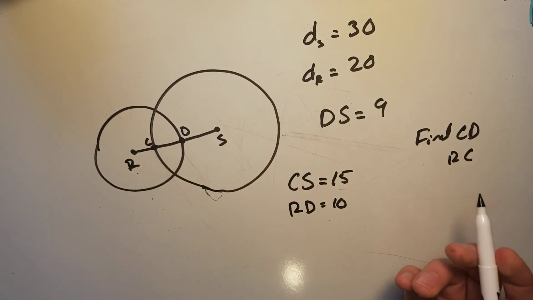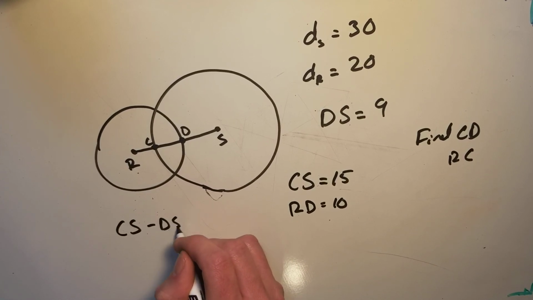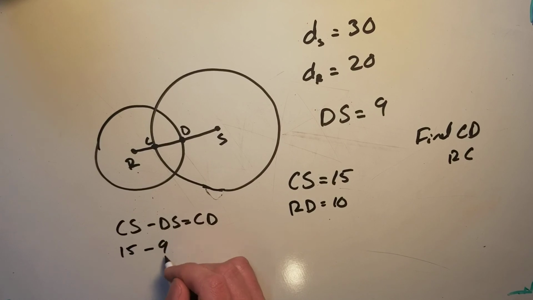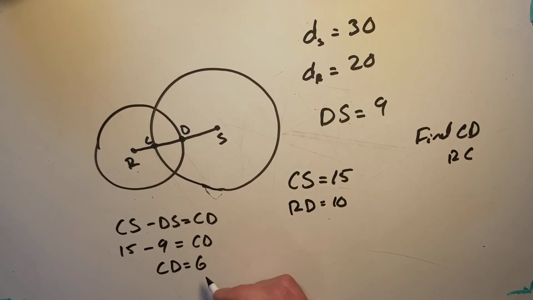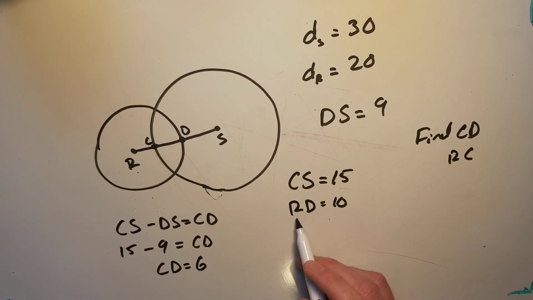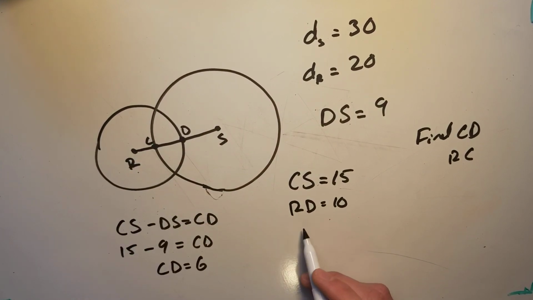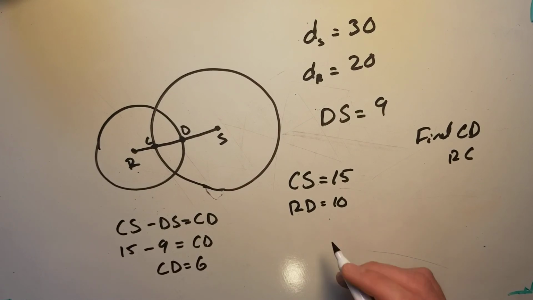So we know CS, we know this whole length, and we know DS is 9. So CD, we should see as a subtraction problem here. CS minus DS would give us CD. So 15 minus 9 would give us CD. So therefore, CD is going to be equal to 6 units here. And then if we're trying to find RC, this little segment here, we should see that RD minus the CD will give us RC.